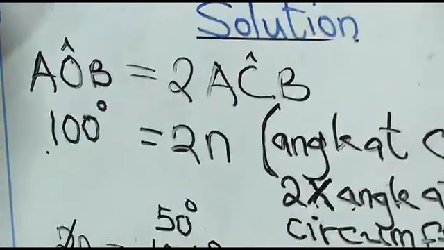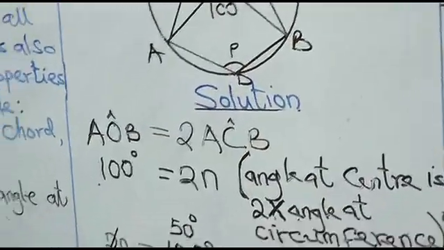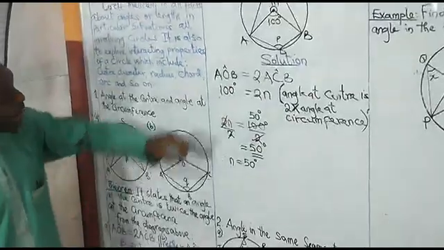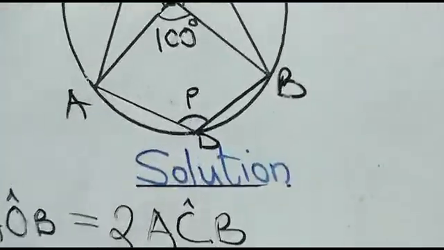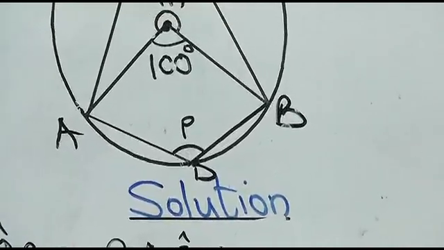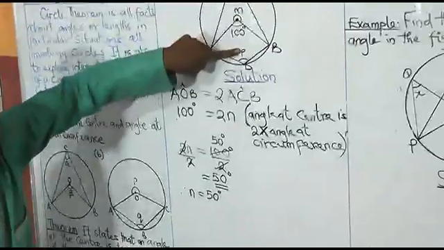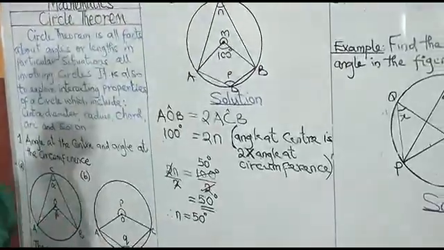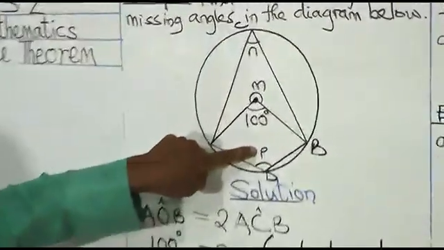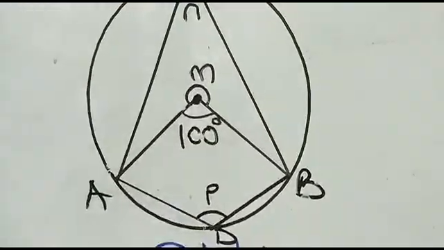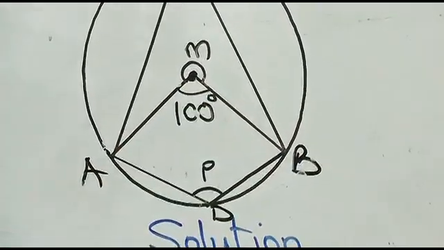A, O, B, and D has to do with theorem 2. Then we need to find P. But from the theorem, there is no way we can look for P without knowing M. Now, to find P, we need to find M, which is the reflex angle of angle AOB.